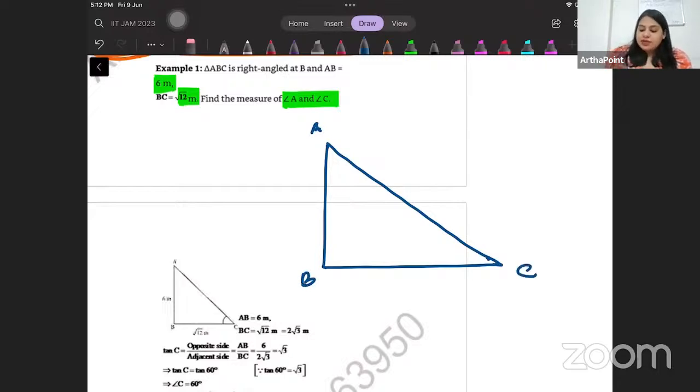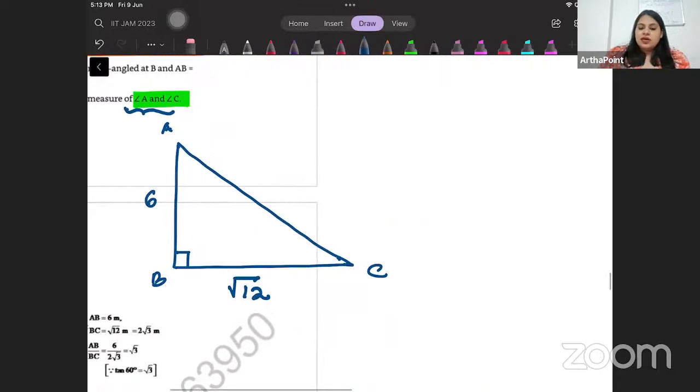The triangle is right angled at B. AB is 6, BC is root 12. So you have to find the measure of angle A and angle C. Beta, understand that this is theta.